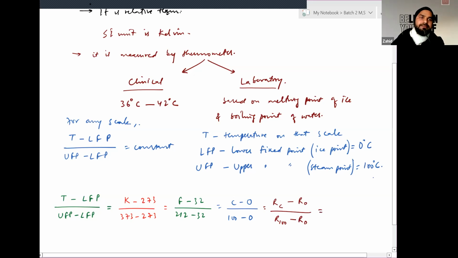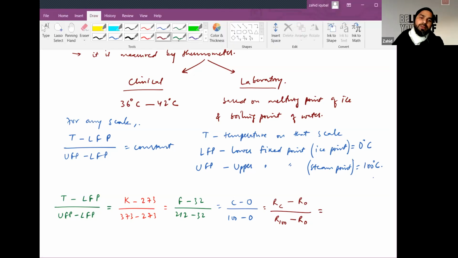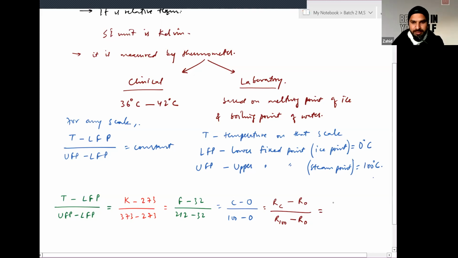Similarly, we may define length of mercury column, which is dependent on change in temperature. So length of mercury column at some temperature C, length at 0 degrees Celsius, length at 100 degrees Celsius, and so on. We may formulate different expressions related to this formula only.